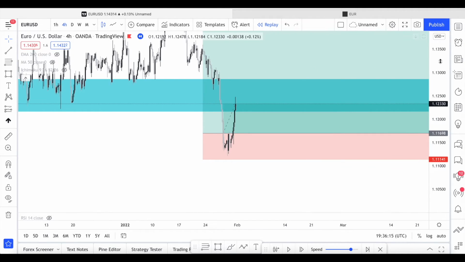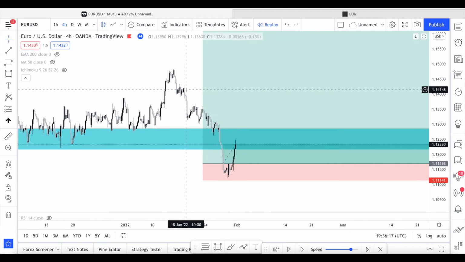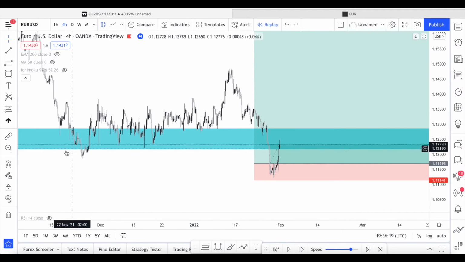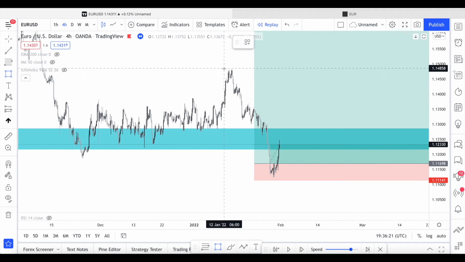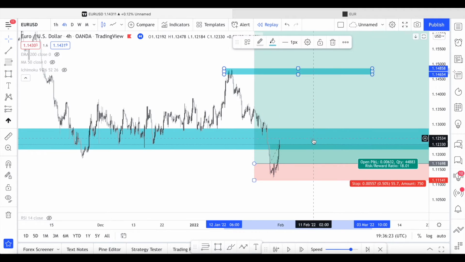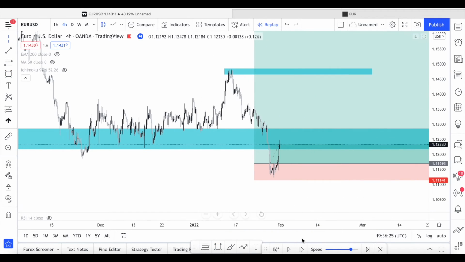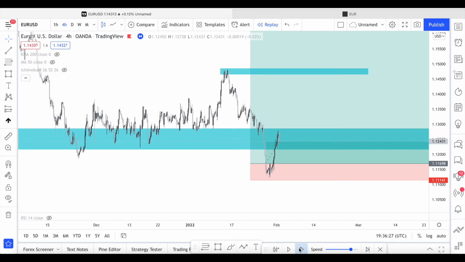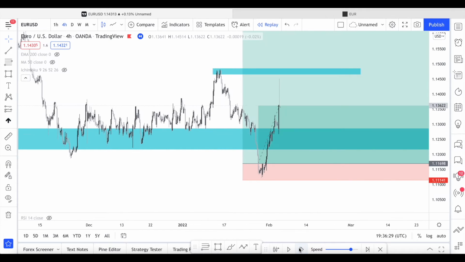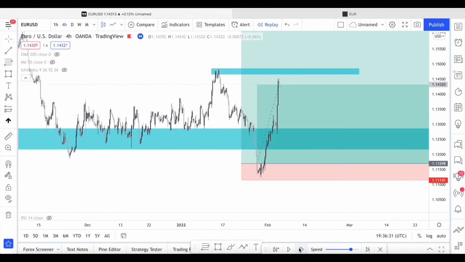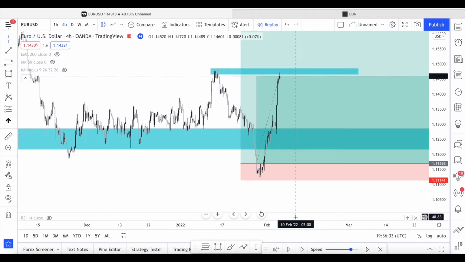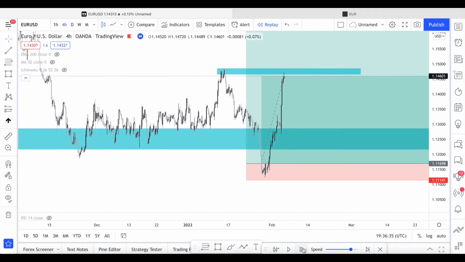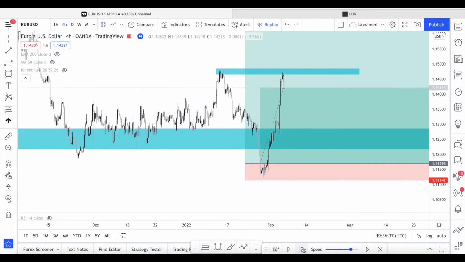So initially we're going to be targeting our high up here. And we're going to see how we get on going forward. So we're in the market. Let's see if we can hit our initial target. There we go, traders. There is our initial target hit. That's not far away from where we are currently in the market.